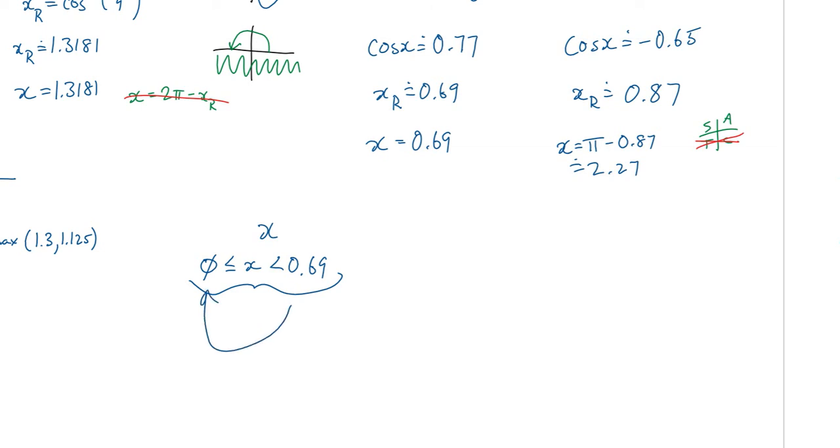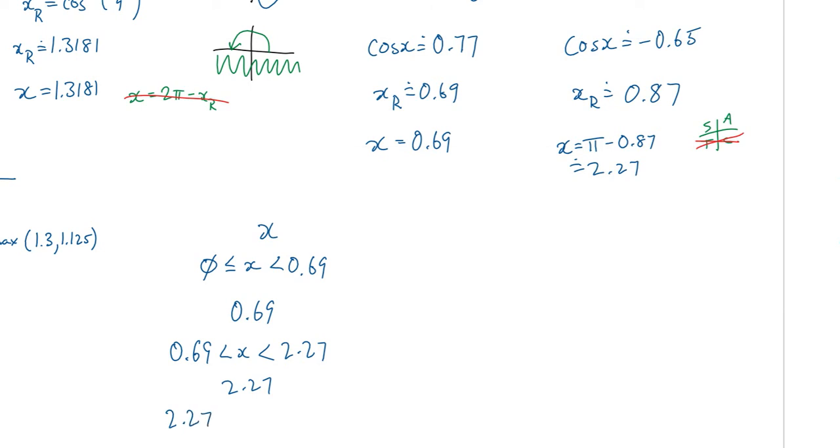After that there will be, so that's why I have to stop there. Then I've got 0.69, then 0.69 less than x less than 2.27, then 2.27, then again 2.27 less than x less than or equal to pi.